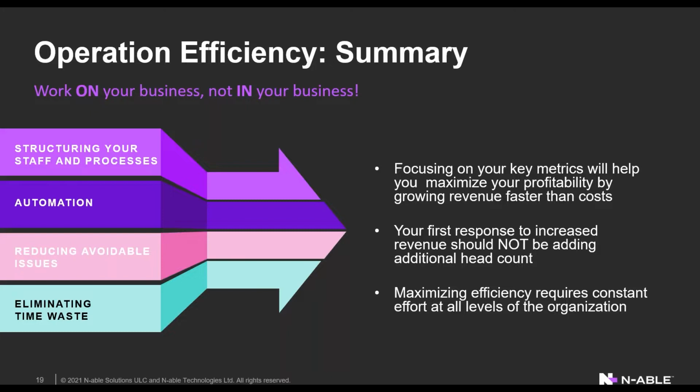But the response to this, when we look at focusing on our KPIs and we look at focusing on, say, our efficiencies, say number of tickets come in versus number of tickets closed, right?